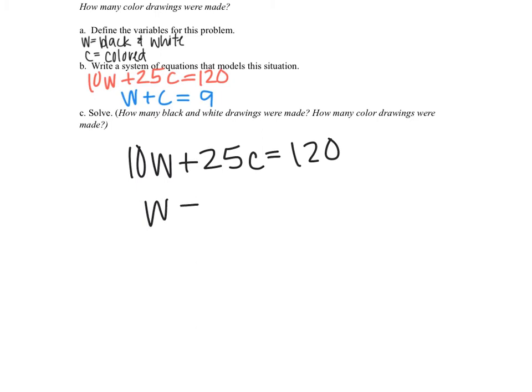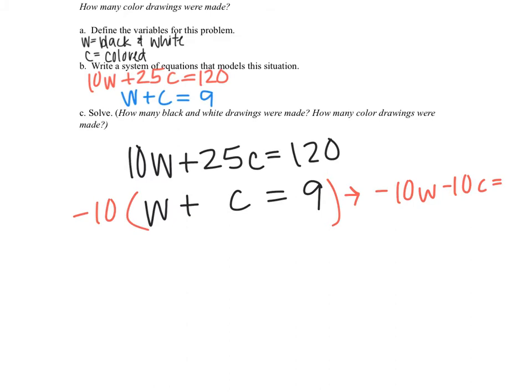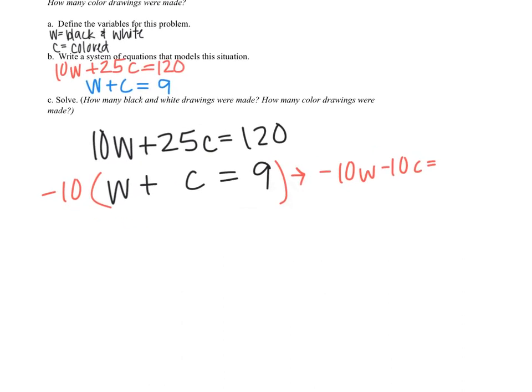Then W plus C equals 9. I'm going to go ahead and multiply this bottom equation by negative 10 so that I can cancel out my W's. So I get negative 10W minus 10C equals negative 90.